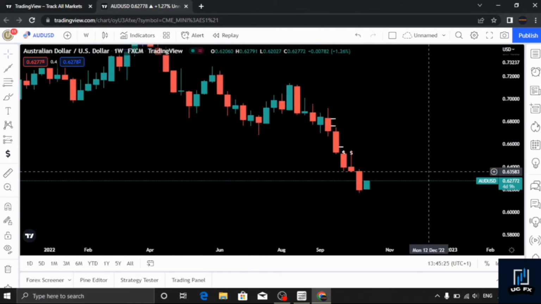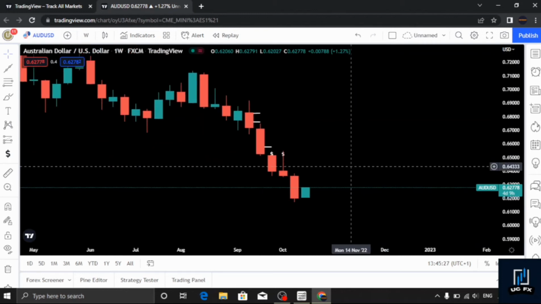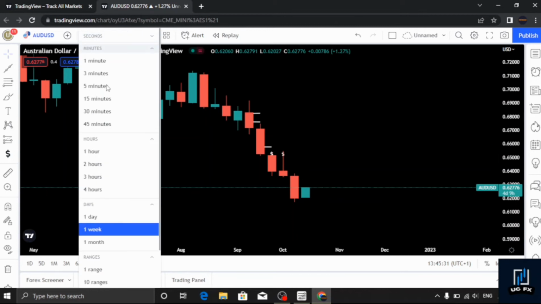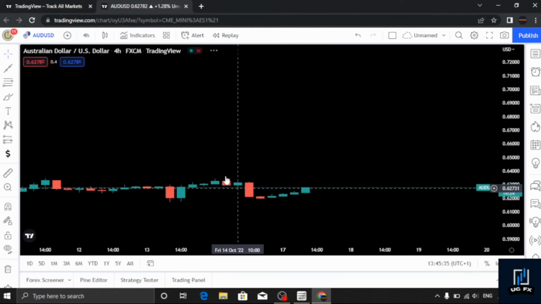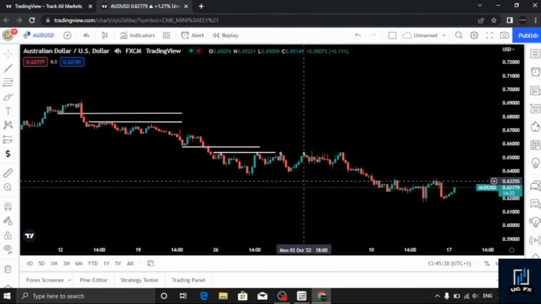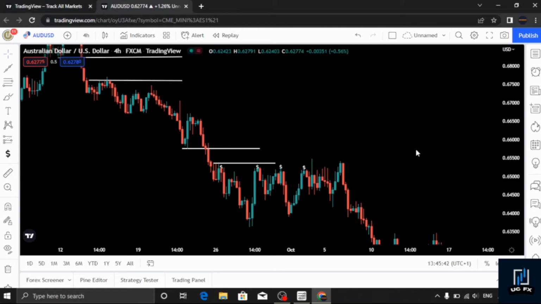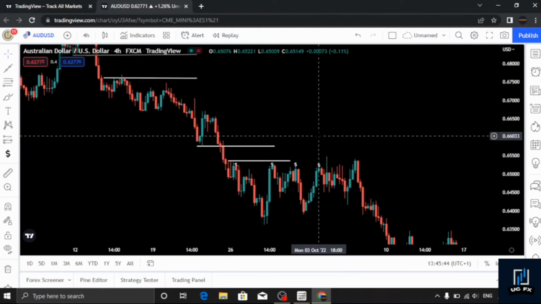So you need to spot out break of structure, liquidity, and then you need to allow price to come back into your imbalance. And as price comes back into your imbalance, you need to wait for a tap of price into that imbalance, or a tap of price into a discount level.